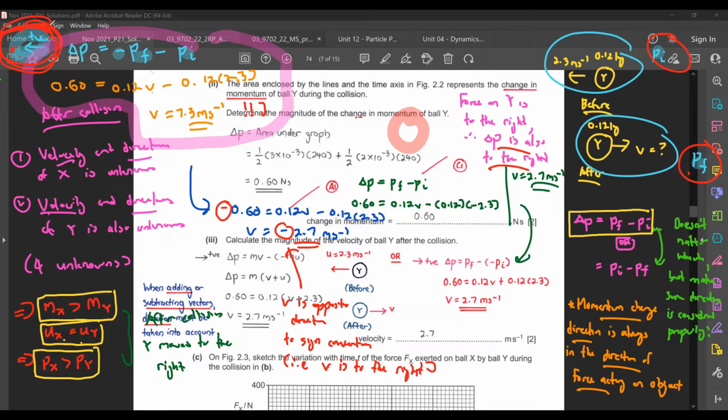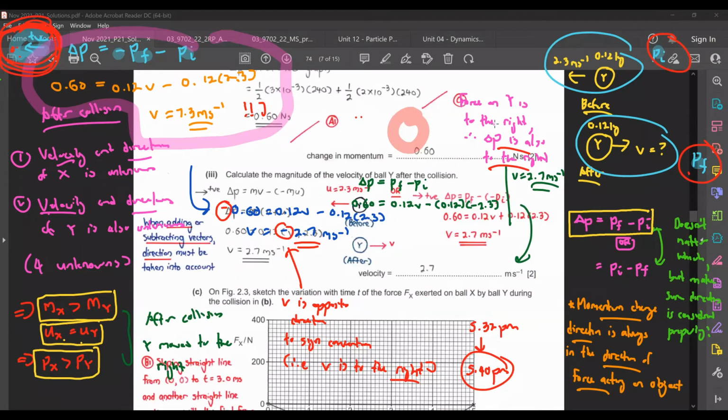Our sign convention is leftwards positive. If I'm getting a negative sign here, it means it's opposite to that sign convention, so V is supposed to be to the right. So just be careful about this question. It's seemingly easy, but if you set your sign convention wrongly, you might get the wrong answer.